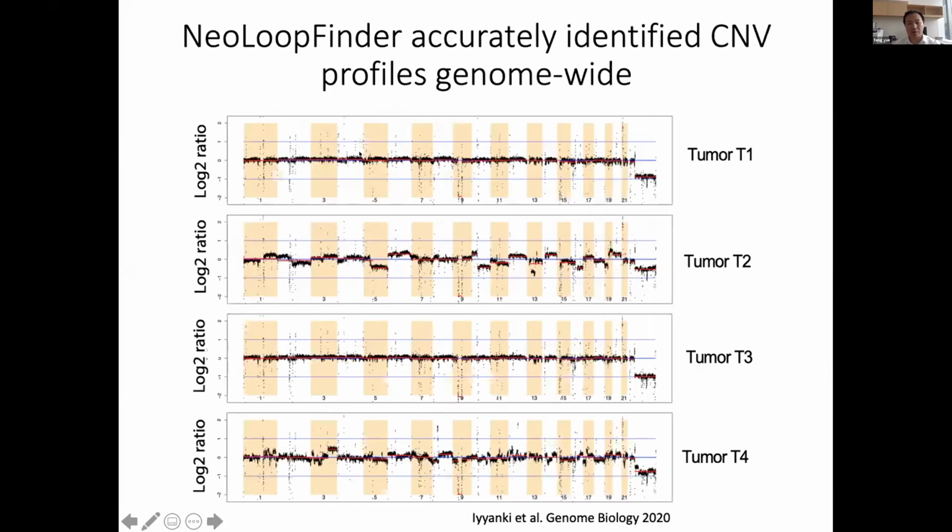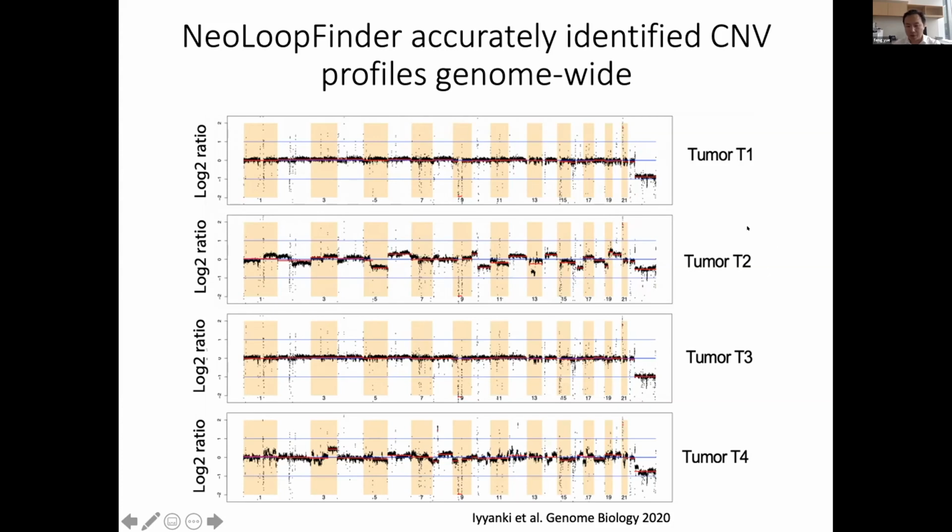This figure is generated using Hi-C in 4 bladder cancer patients, all primary patient samples. On the y-axis is the copy number, where 0 here is really 2 copies, and then chromosomes 1, 2, 3, 4, 5. Genome-wide, patient number 1 and patient number 3 look okay.